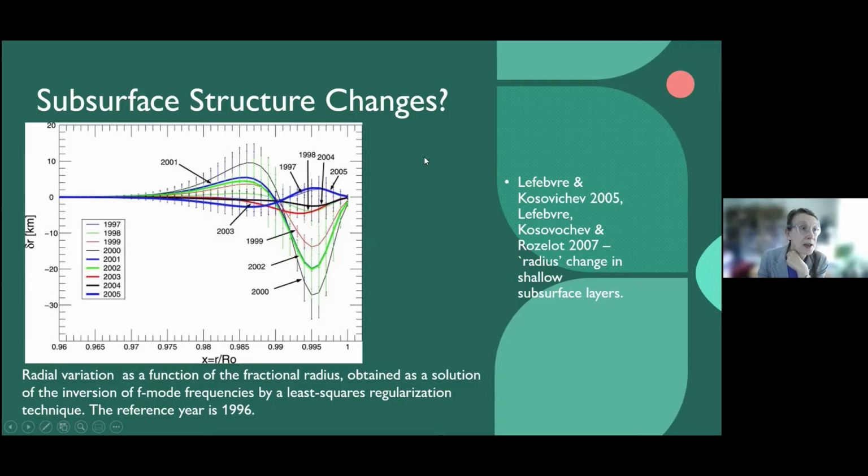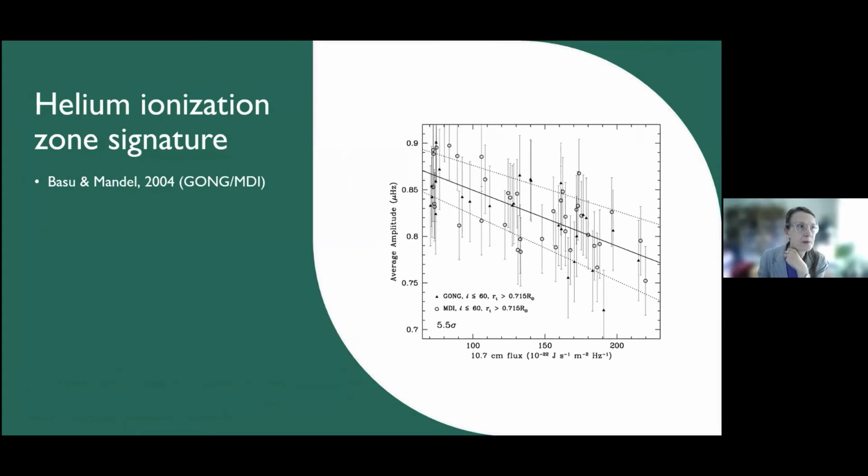So this is now moving into the part of the talk where I tell you about what might be changing under the surface, having established what's changing at and above the surface. Now, given the frequencies of the modes, you can measure the helium ionization zone, which makes a sort of boundary that causes an oscillation in some combination of the frequencies, the fourth difference.